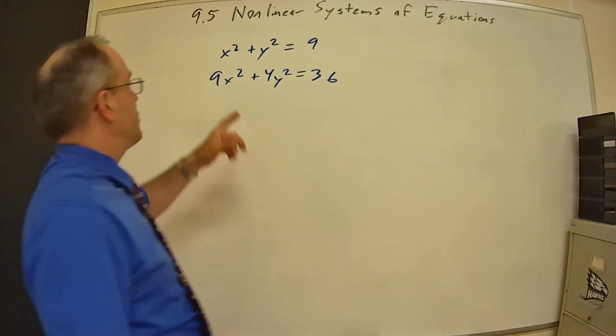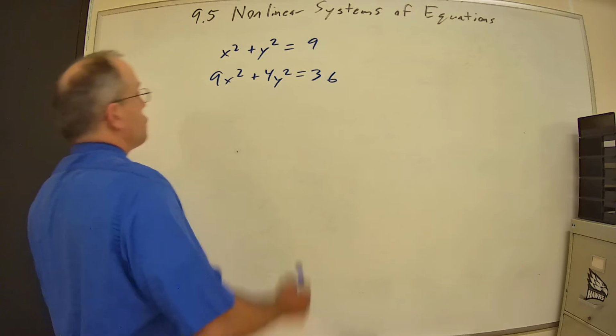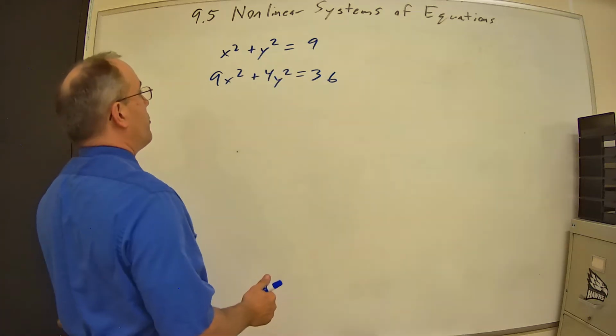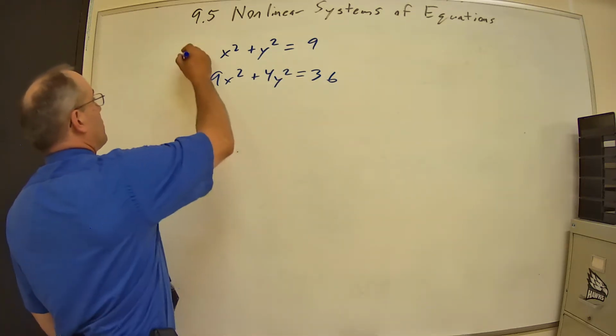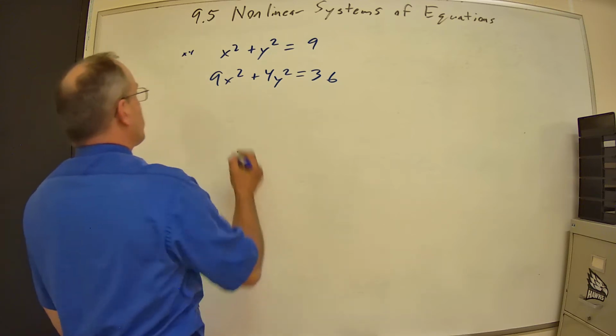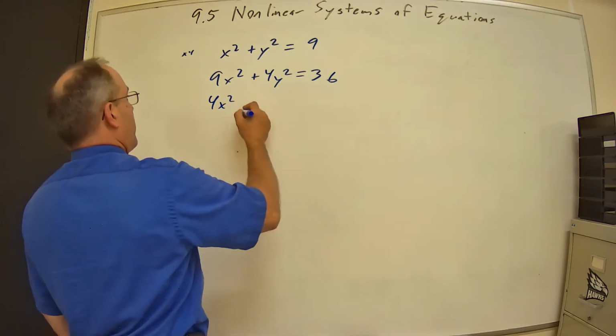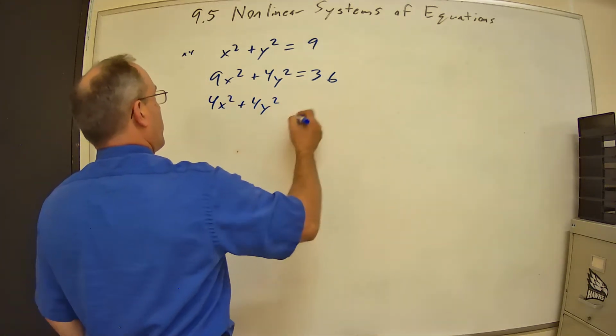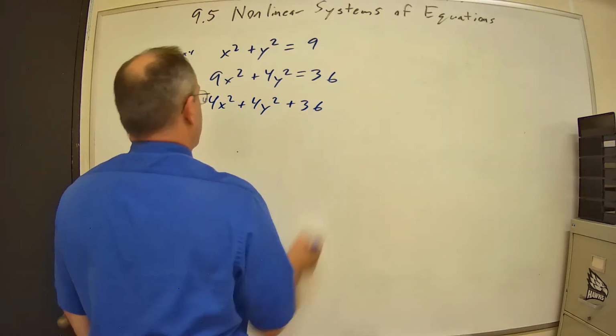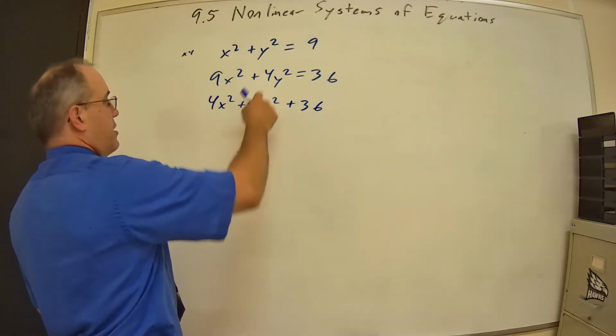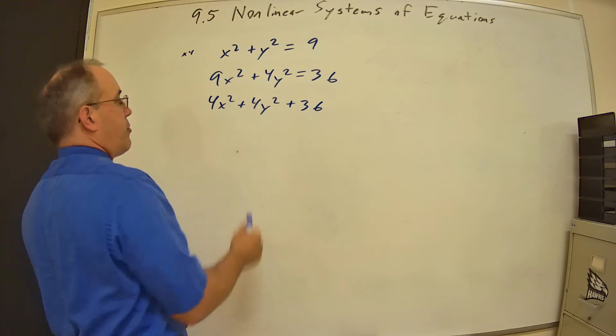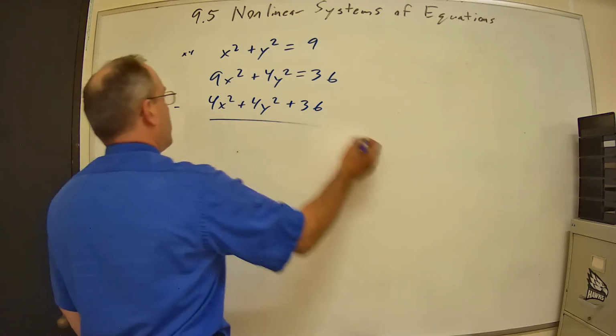So if I'm going to use elimination, I'm going to multiply this top one by 4. So I get 4x squared plus 4y squared equals 36. Since these both have the same coefficient, I'm going to subtract.